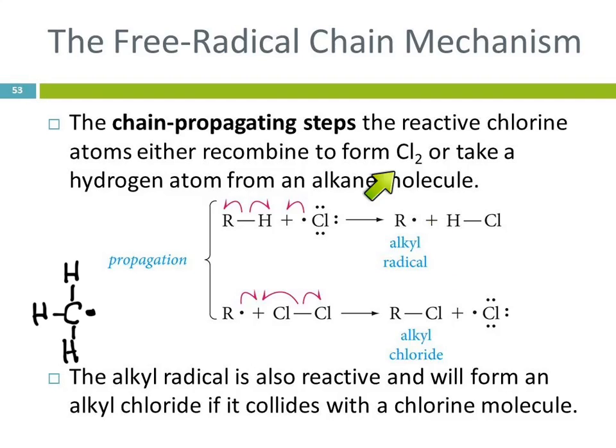And the chlorine atom is going to go steal something. And so this is the chain reaction, the chain propagating step. This guy's unhappy, he takes something from somebody else. That makes that one unhappy, and he takes something, and it just goes on and on. So these 2 reactions are just going to cycle around and around until we run out of something.